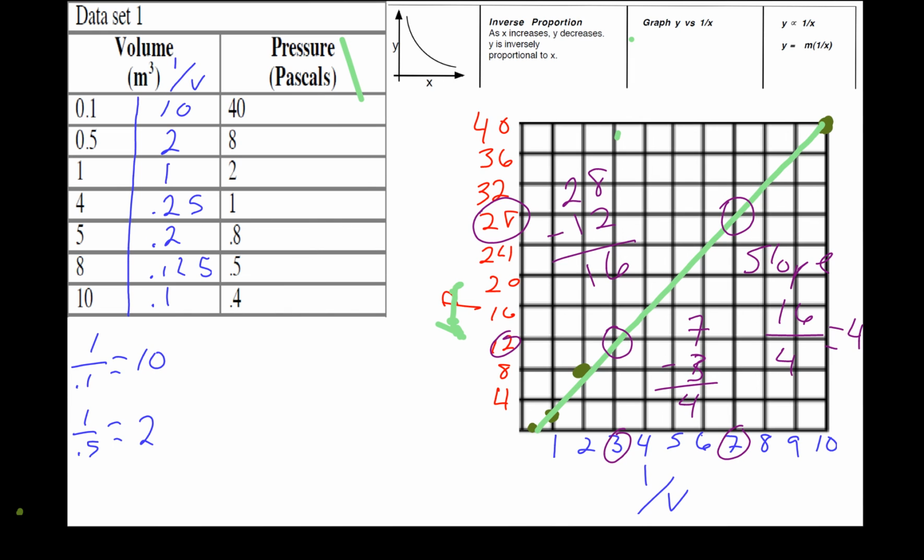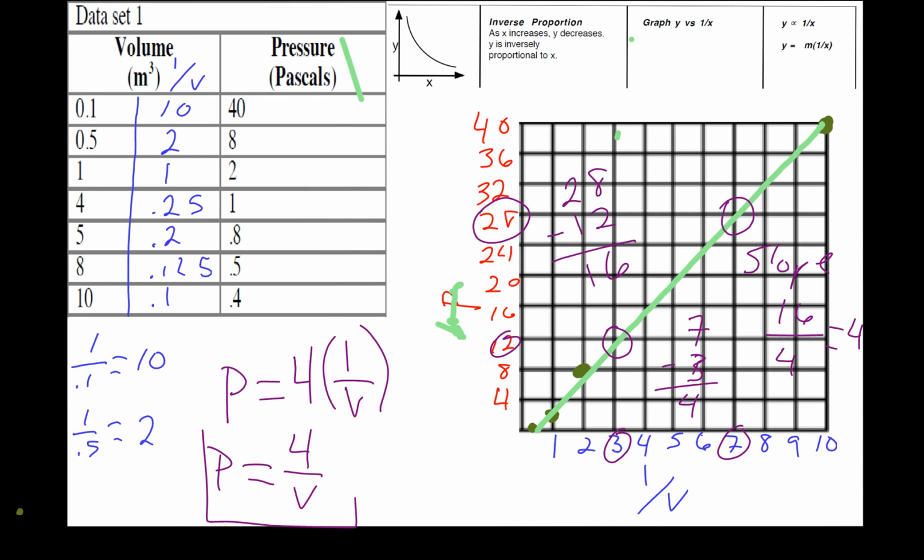So I'm going to write down pressure, P, equals the slope, because m is my slope. My slope is 4, so I put down 4, and I'm going to multiply that by 1 over x, which in this case is v, and my final answer is P is equal to 4 over v, and there is my final answer.